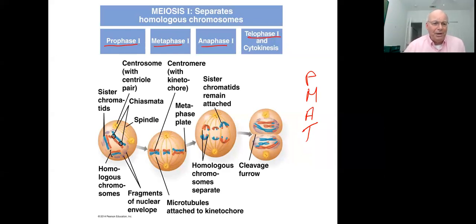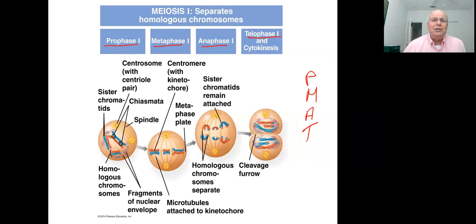Someone produced an animation of meiosis that did include a prometaphase in both meiosis 1 and meiosis 2. But every other textbook and every other resource that I've ever looked at typically does not include a prometaphase. So we can use PMAT here: prophase, metaphase, anaphase, telophase.